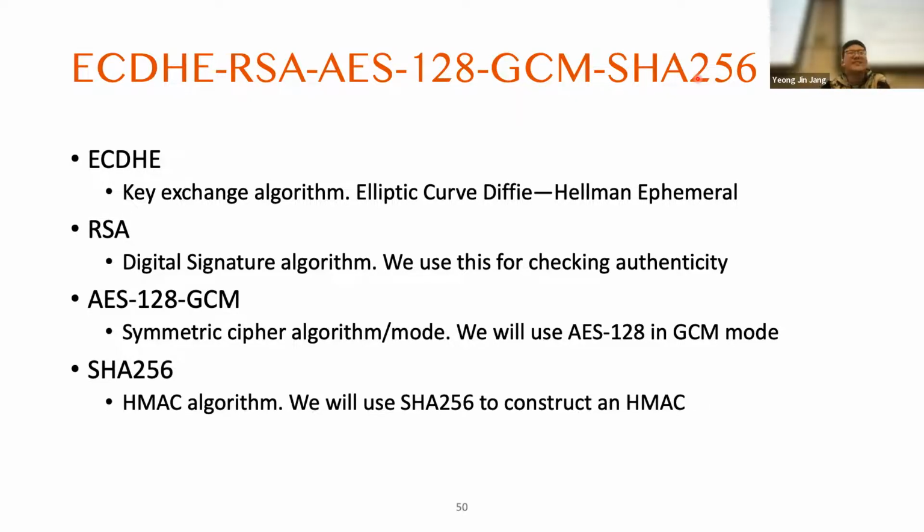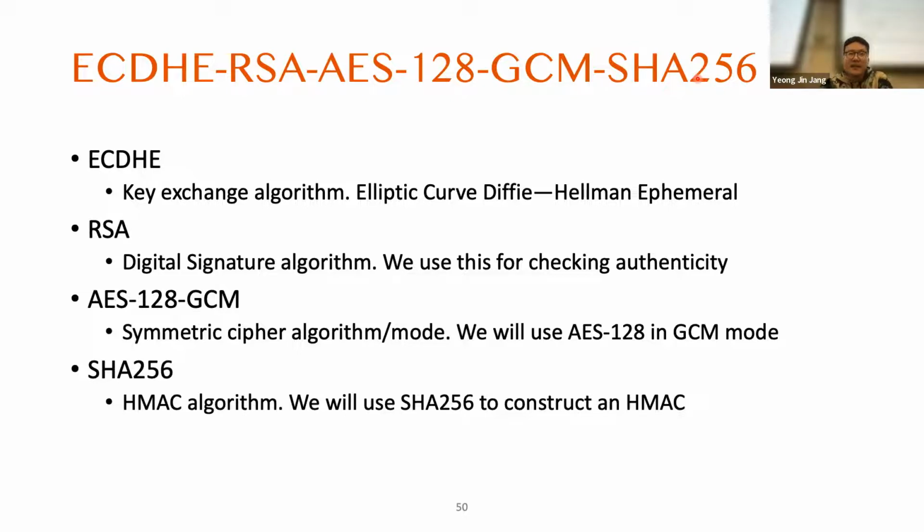The important thing is TLS is quite flexible: the server and client can choose whatever crypto, but they need to negotiate, because the client sends the list of cipher suites and the server chooses one of them. So they need to negotiate to establish the secure communication.